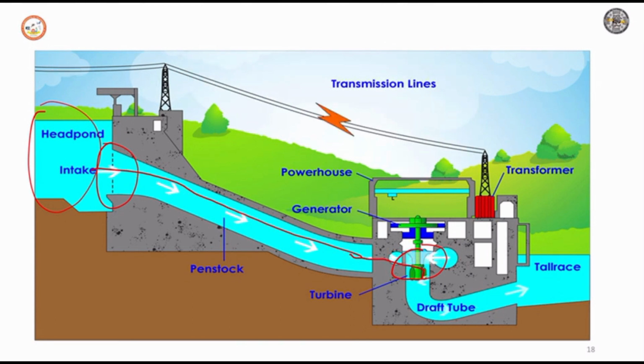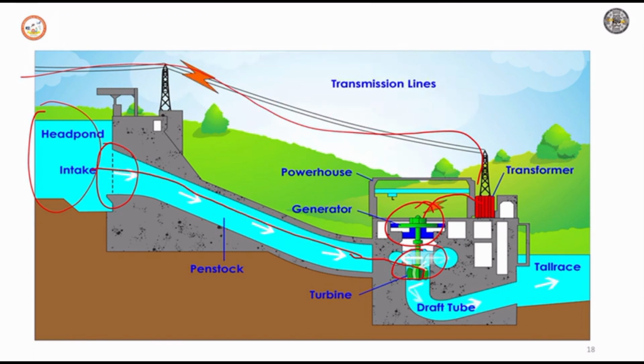Because of that, the turbine rotates, which is coupled to a generator that converts mechanical energy to electrical energy. From the generator, the power generated is given to a transformer. For transmission purposes, we step up the voltage and transmit the power. This is the generalized picture of the hydroelectric power plant.